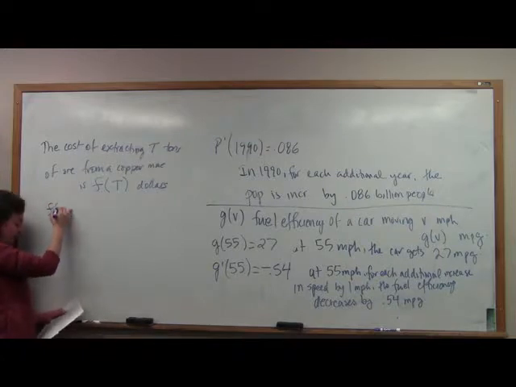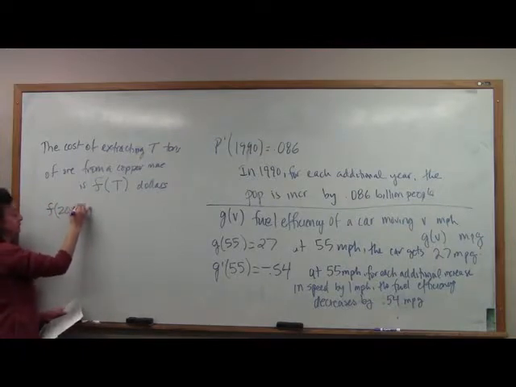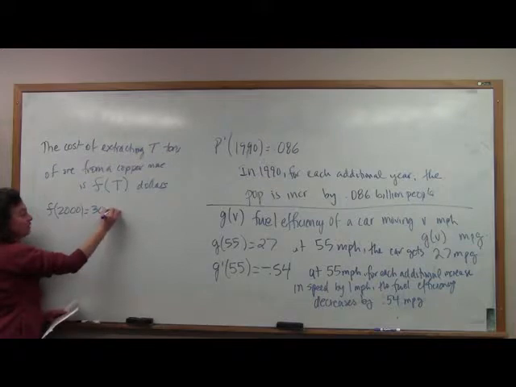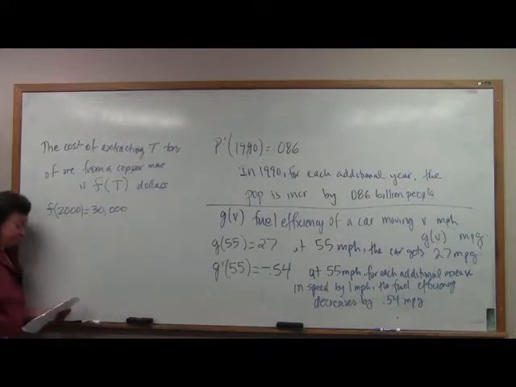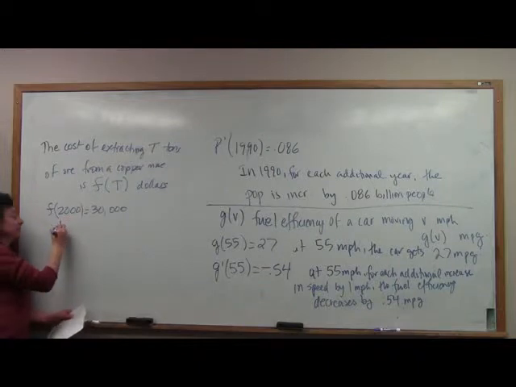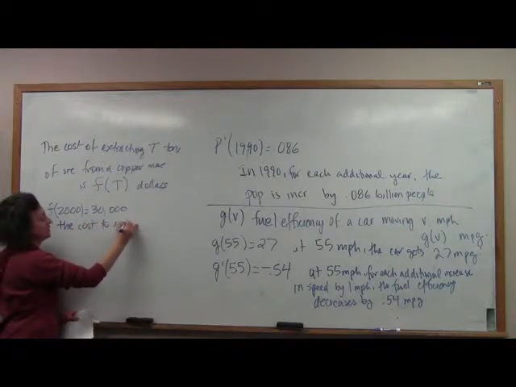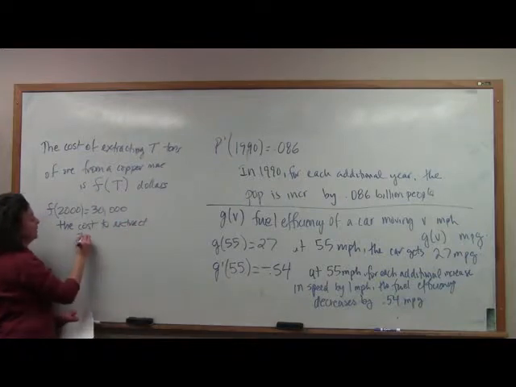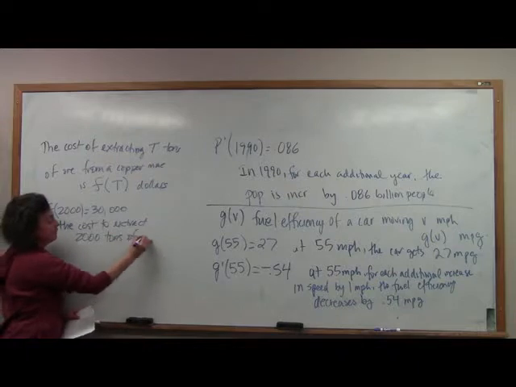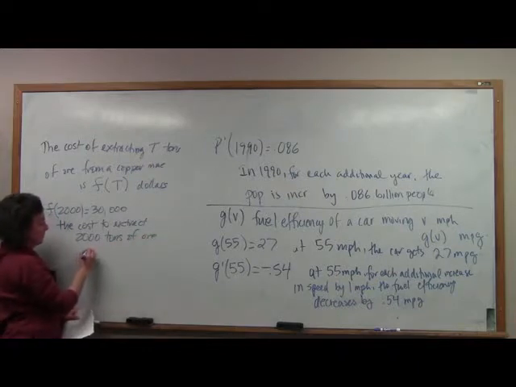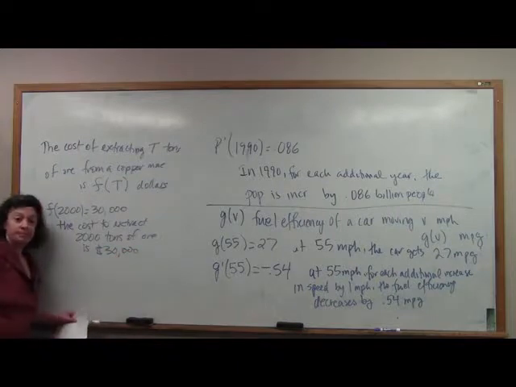Well, what does F of 2,000 equals 30,000 mean? Well, I claim that it means the cost to extract 2,000 tons of ore is $30,000.